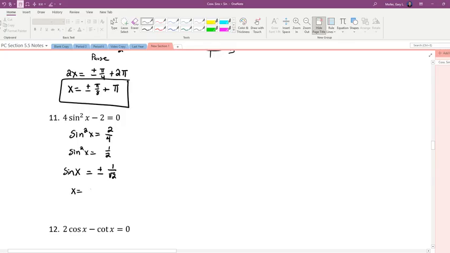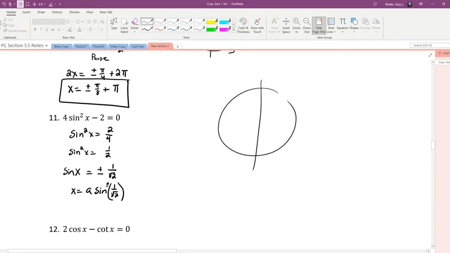And x equals the arc sine of 1 over the square root of 2. Rationalized or unrationalized, I should recognize this as a pi over 4. And I dropped my positive and negative, but again, I'm looking at positive and negative.